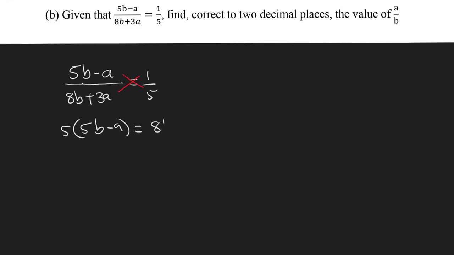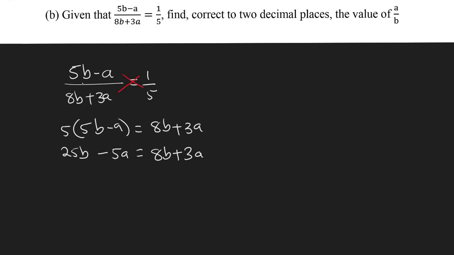So we have 8b plus 3a. We open this bracket by multiplying 5 by 5b and 5 by minus a. So 5 times 5b is 25b, then minus 5 times a is 5a, is equals to 8b plus 3a.